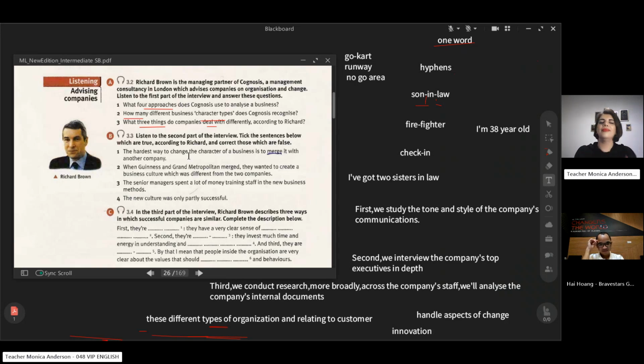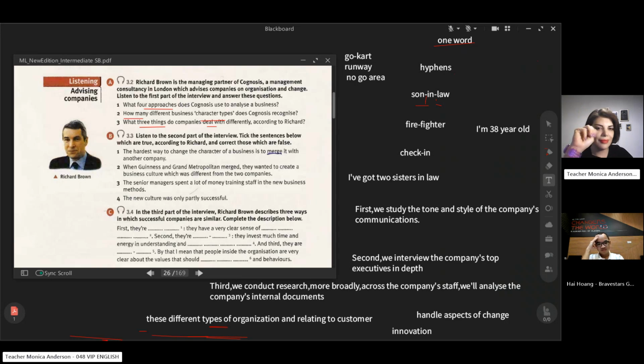Recording 3.2. How does Cognosis analyse the character of a business? Understanding the character or personality of a business is important because it shapes and defines everything the organisation does and can do. So we use a combination of 4 approaches. First, we study the tone and style of the company's communications. Second, we interview the company's top executives in depth.